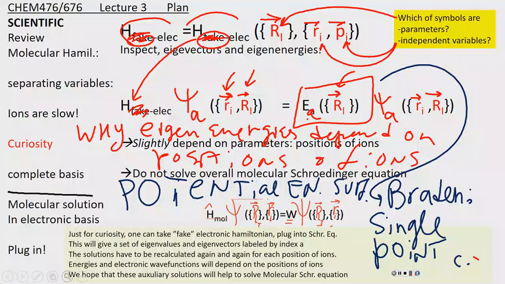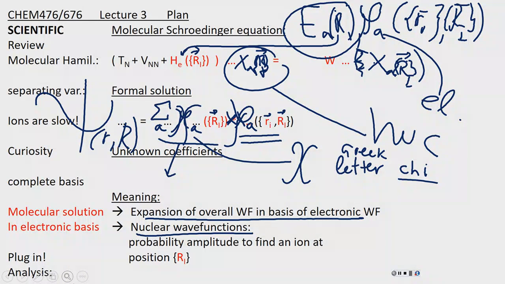Okay. And formally, we are seeking a solution in the form of a product for the overall wave function. Yes, here. We are seeking the solution in the form of a product of pure electronic orbitals that depend on the parametric positions of ions and nuclear wave functions, which serve at the same time as expansion coefficients for electronic wave functions. So before the Born-Oppenheimer approximation, it is this general form.